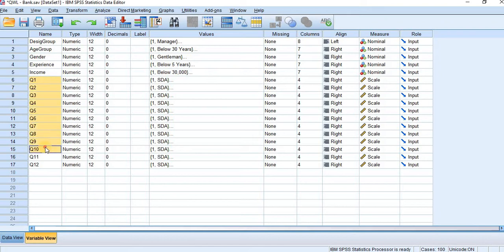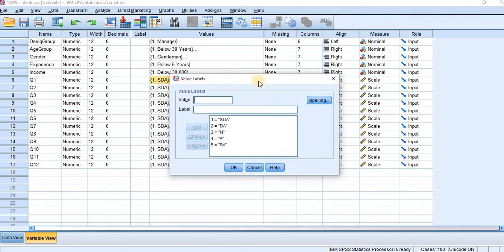And there are 12 quality work life attributes related to bank operations. All attributes are measured with a 5-point Likert scale, that is starting from strongly agree, neutral, disagree and strongly disagree.